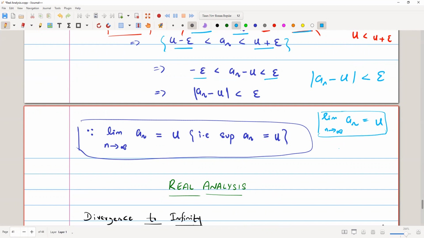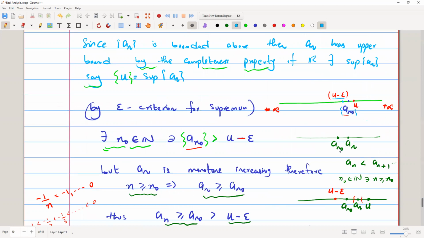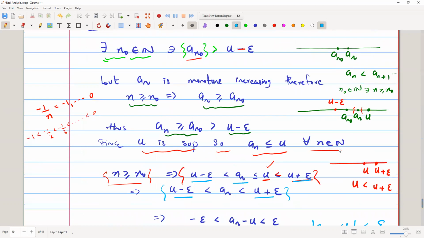This way we can prove this, and we can also prove the other statement that for monotone decreasing sequences, the limit equals the infimum, by the same argument, just going in the other direction.